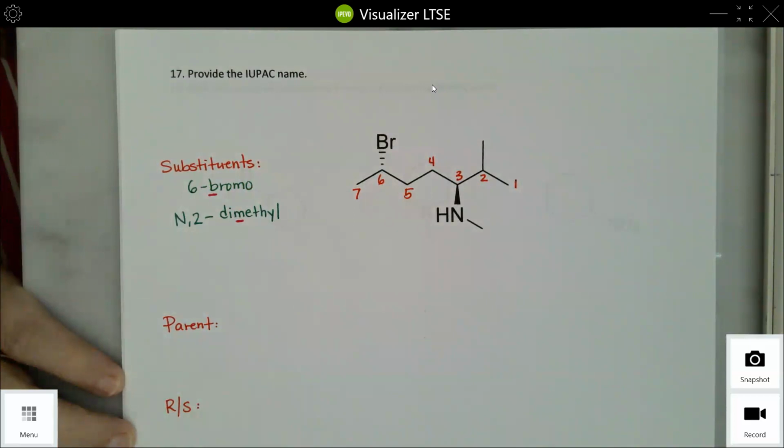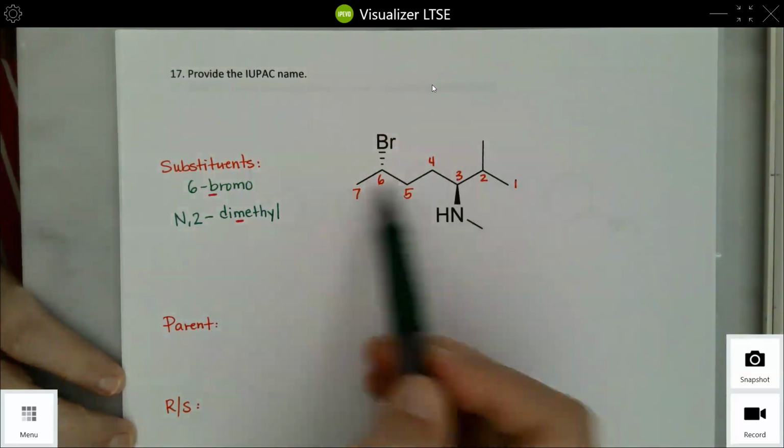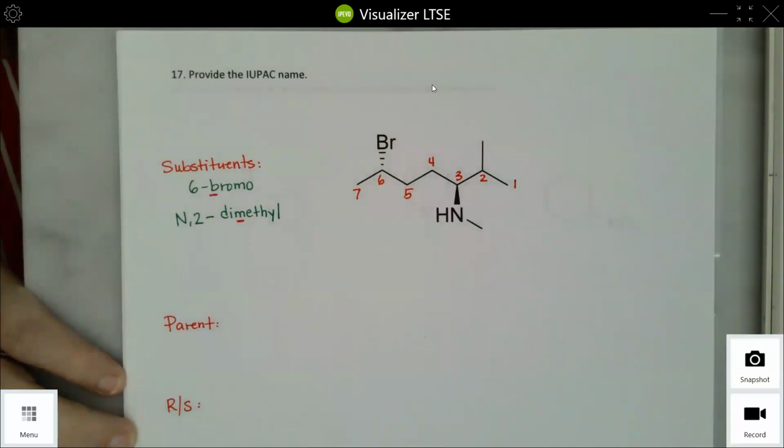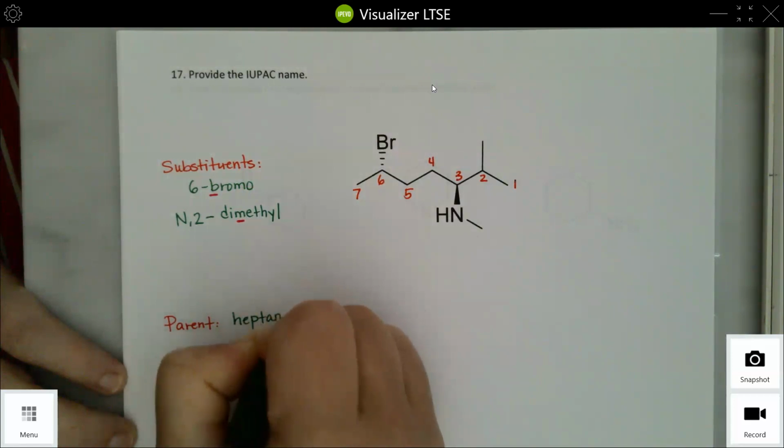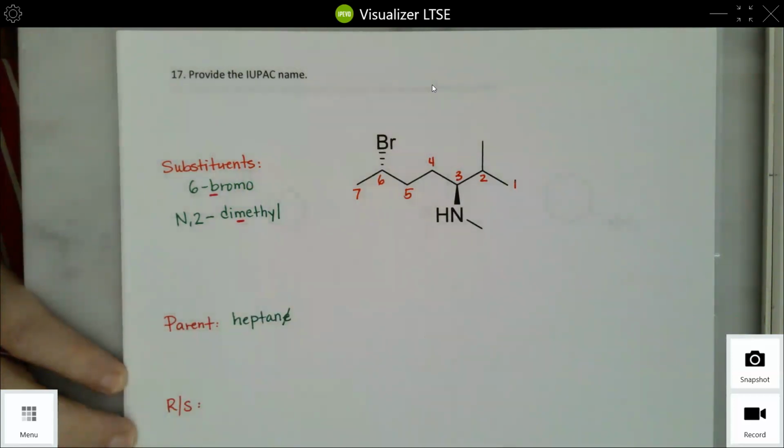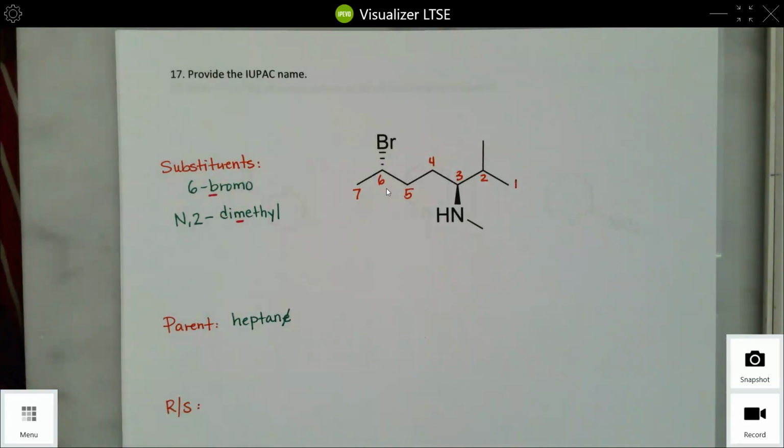All right, what about the parent then? Well, we know that it's 7 carbons. So 7 carbons, if it was an alkane, we would call it heptane. But in order to have an amine, oh no, I have to go back and fix a previous question.